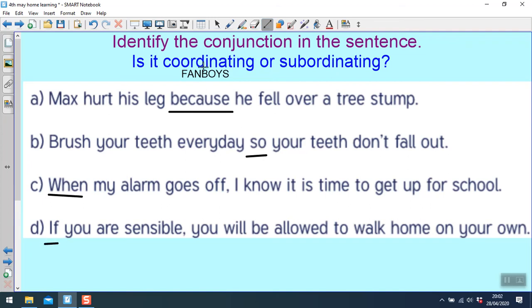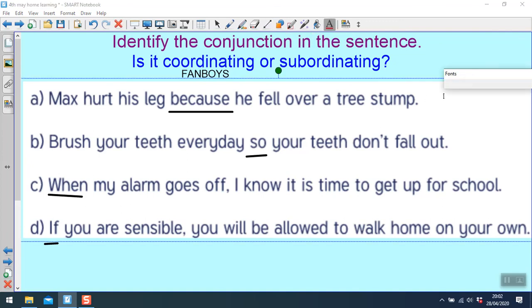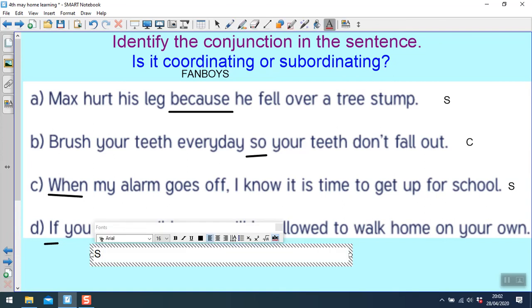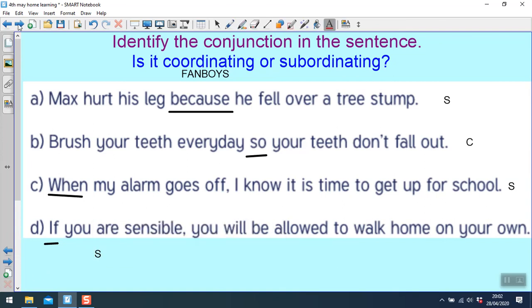Is because in FANBOYS? No, the B stands for but. So that is a subordinating conjunction. Is so in FANBOYS? Yes, so it's coordinating. Is when in FANBOYS? No, so it's subordinating. Is if in FANBOYS? No, so that is subordinating.